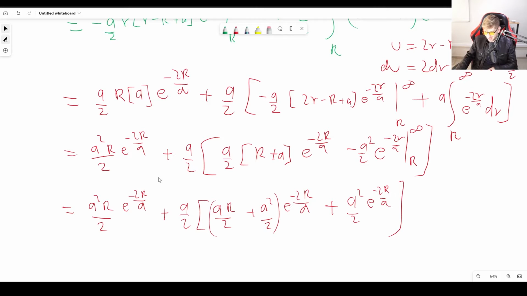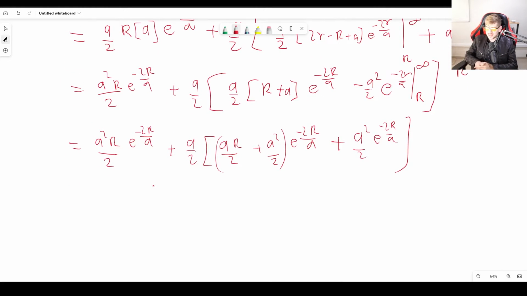So now I can indeed say it. Notice that we have e to the minus 2r over a everywhere. So let's factor it out. So e to the minus 2r over a, factor of a squared r over 2. And now let's multiply through this a over 2. So we have here a squared r over 4.